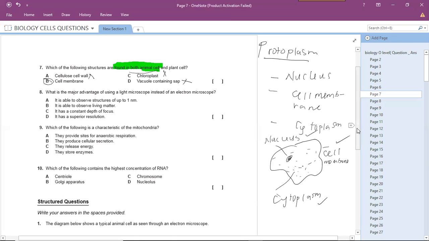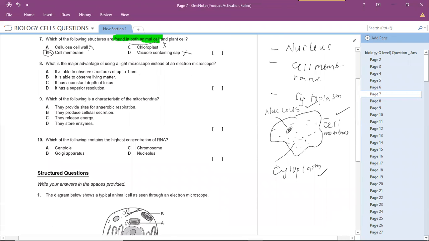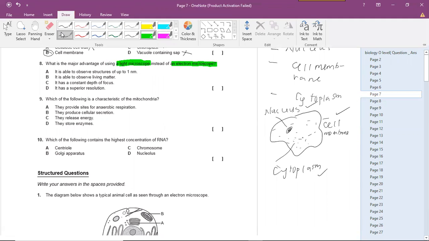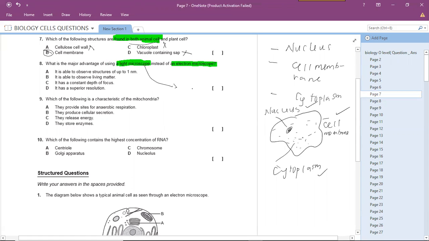So where are we? I haven't taught you microscopy. What is the major advantage of using a light microscope instead of an electron microscope? So the biggest advantage here is that the energy source that a light microscope uses is light, but the energy source that an electron microscope uses are electrons.